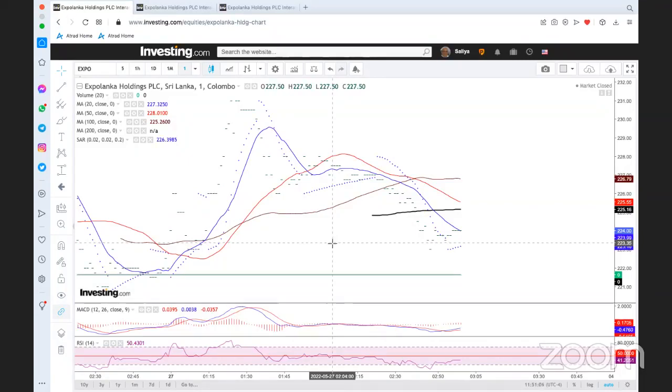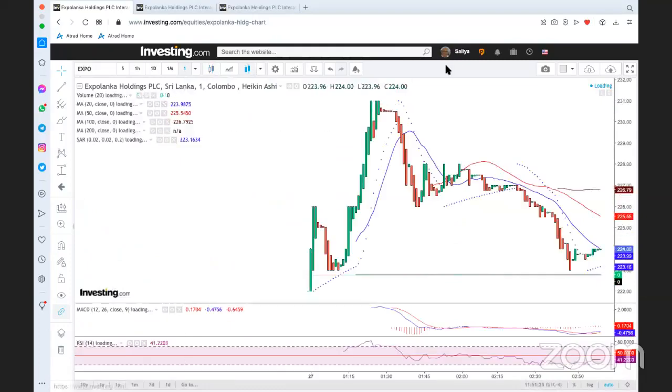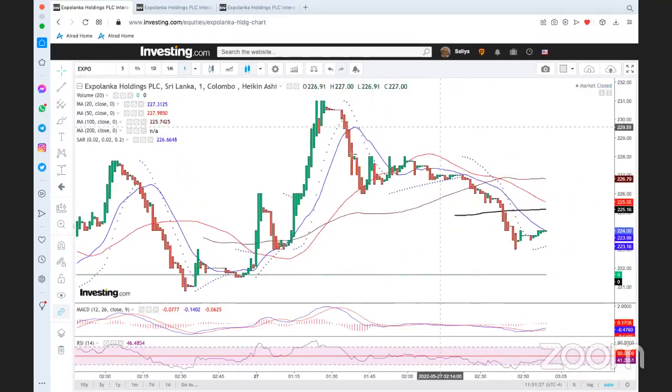I don't know whether you're using any other platform where you get the open, high, low, close properly. What I have seen is that the Heiken Ashi candle gives you the perfect candle. In the Heiken Ashi candle, you have the open, high, low, close based on the Heiken Ashi calculations, but not in the other one.